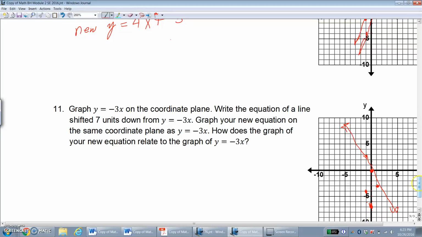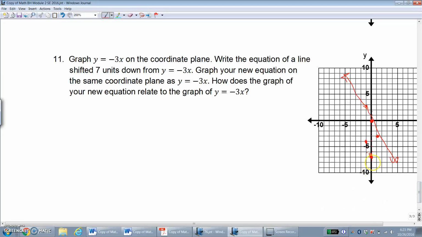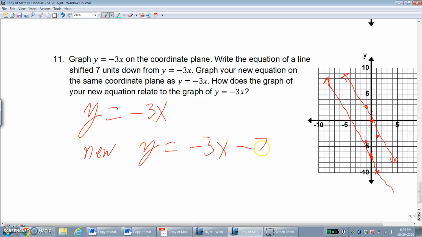This one should not be there. 2, 3. Then there is my second one. So my original equation is y equals negative 3x. And now I translated it. So my new one is y equals negative 3x minus 7 because I shifted down 7 spots.